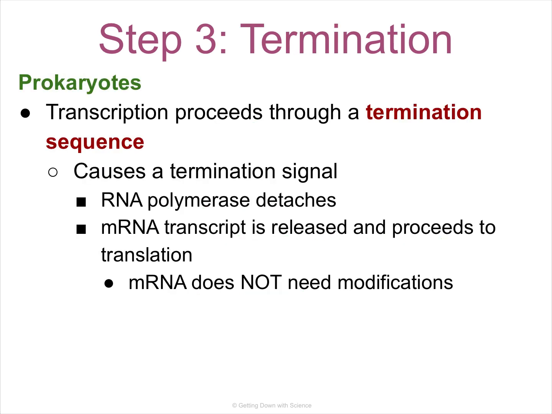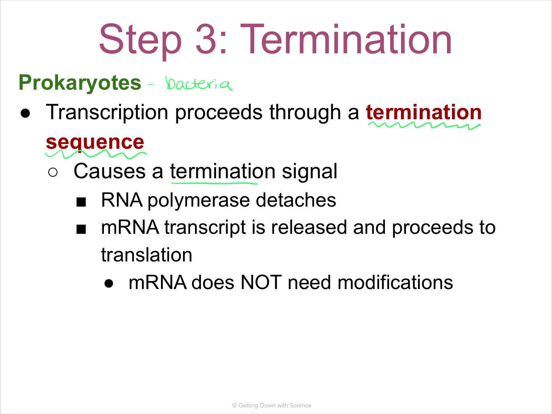Our last step in transcription is called termination. In prokaryotes, there's something called a termination sequence. Remember, prokaryotes are things like bacteria. This termination sequence is going to give a stop signal, a termination signal.